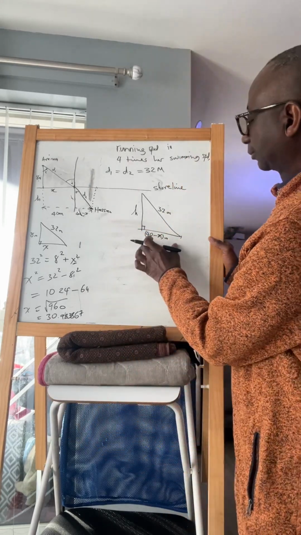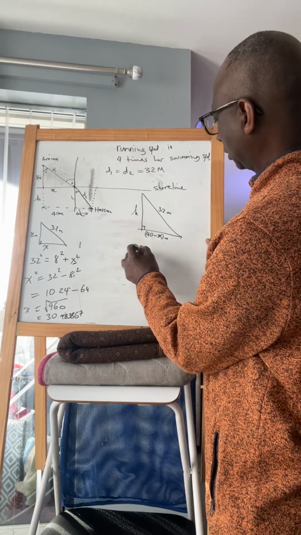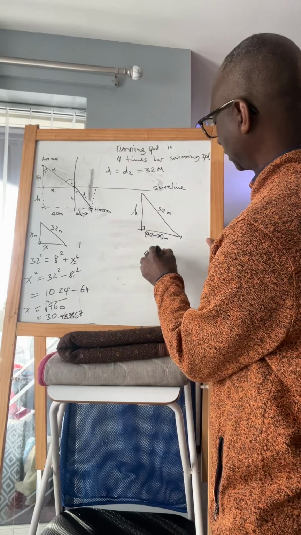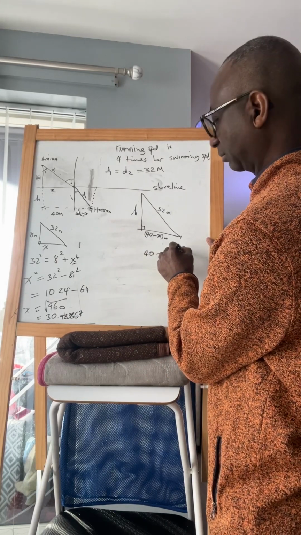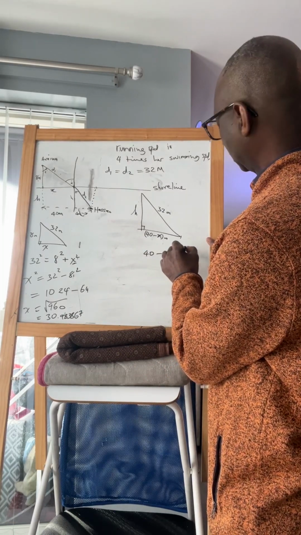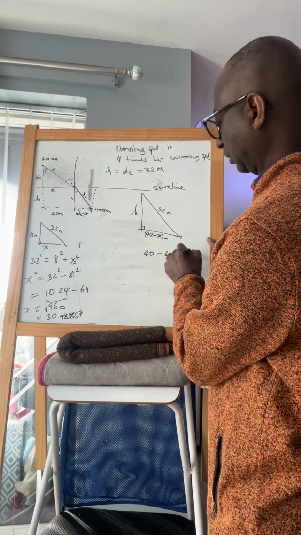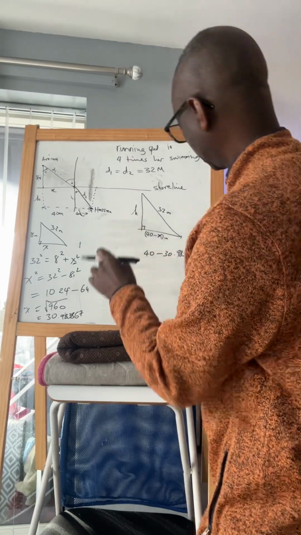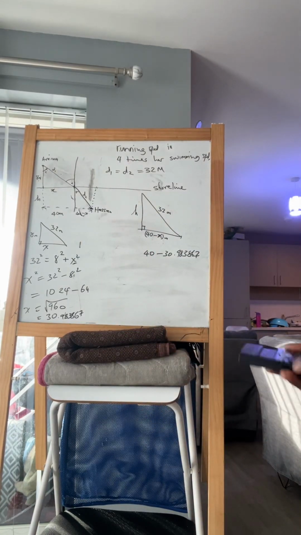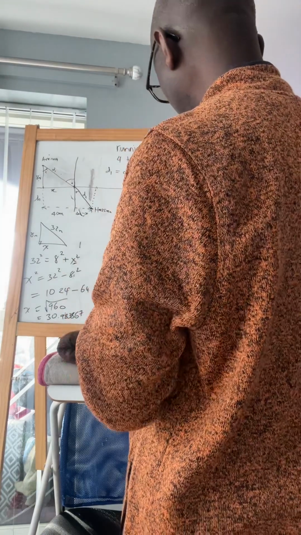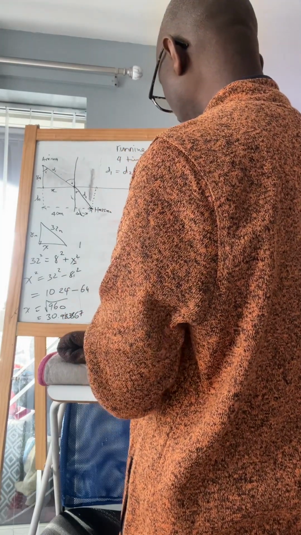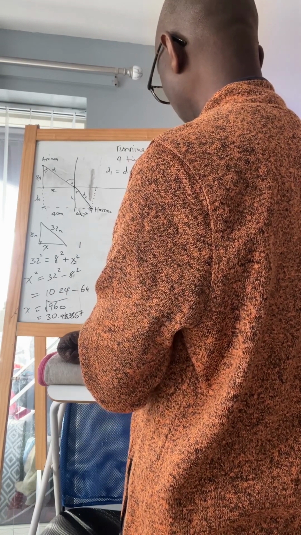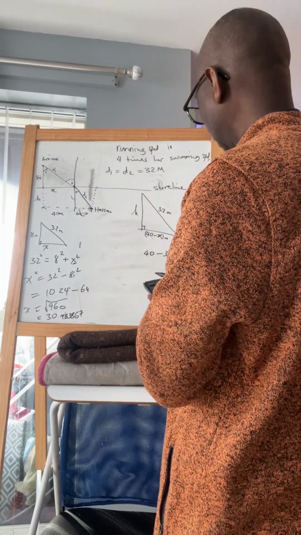Now, here, we can say 40 minus x, which is 40 minus 30.983867. Now we can find this thing here.